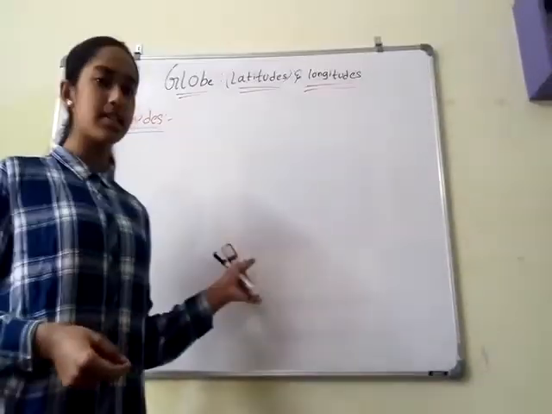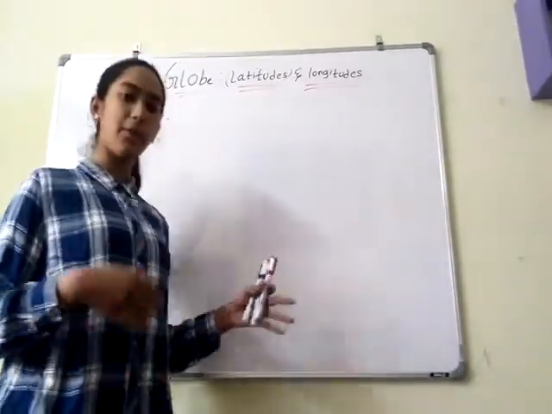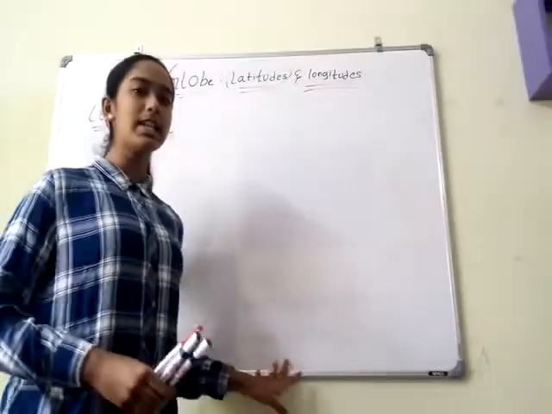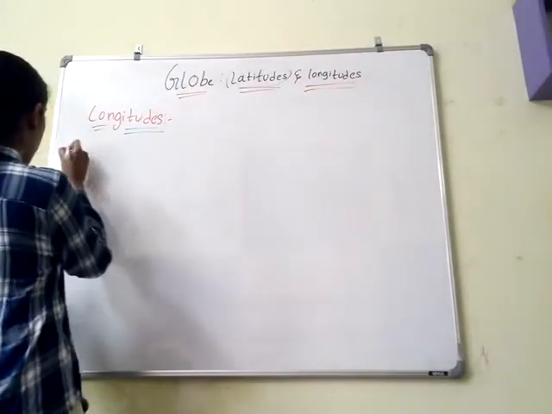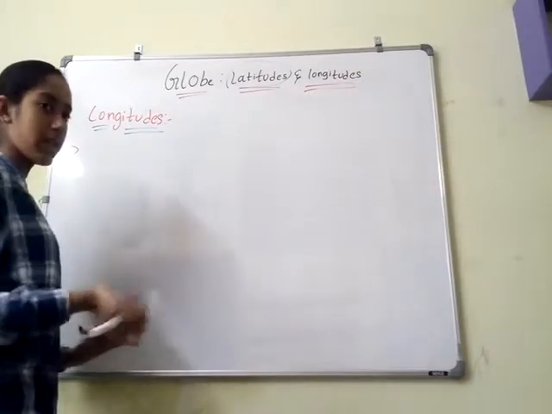These lines running from North Pole to South Pole provide references to know how much east or west a place is. So these are called the meridians of longitude.